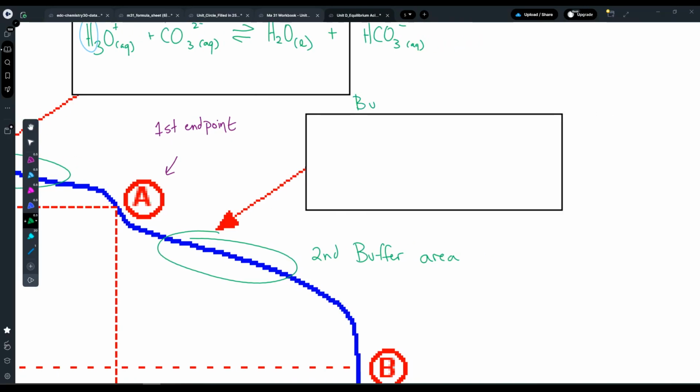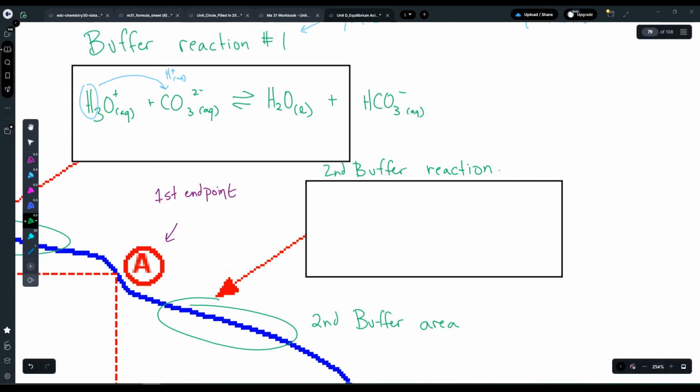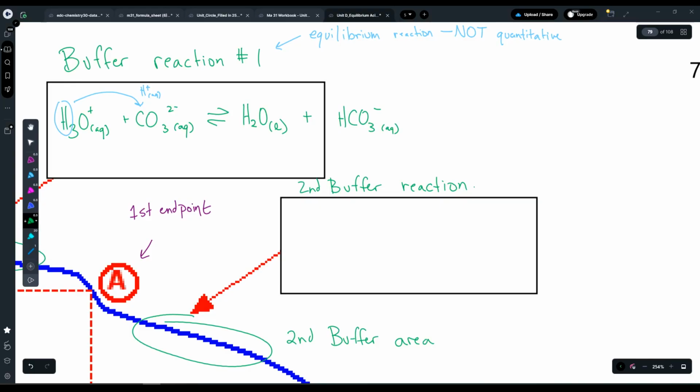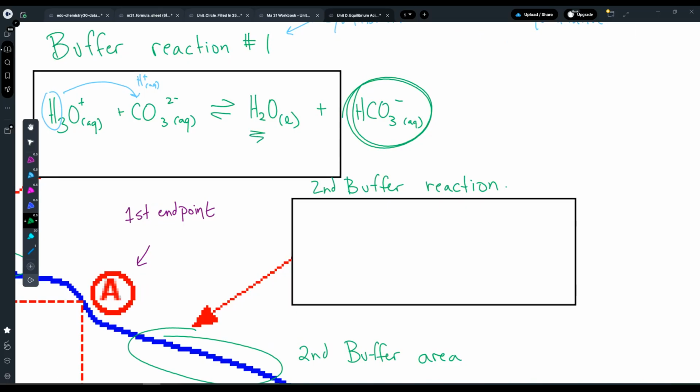So for our second buffer reaction, what we're going to do is take the conjugate acid of our base and continue to react it. You do not take the conjugate base of your acid for this.